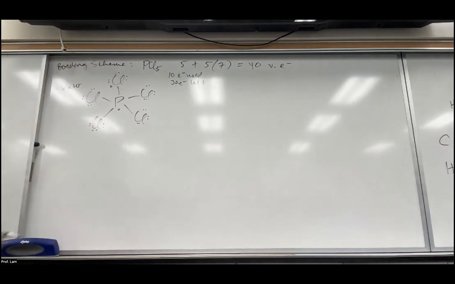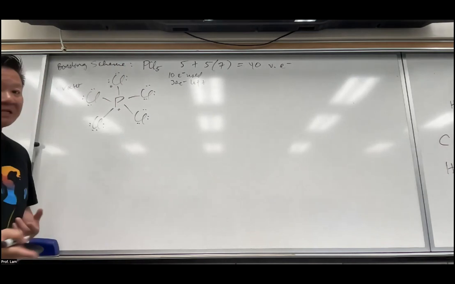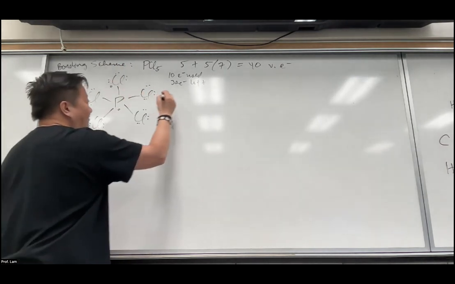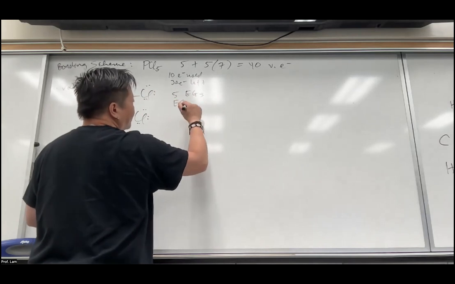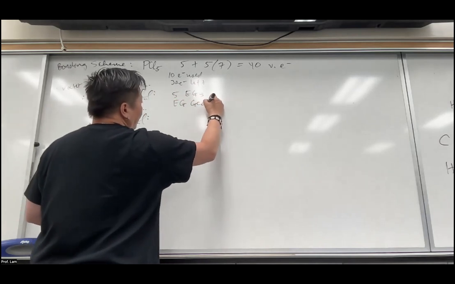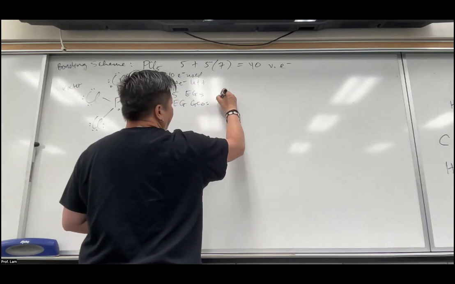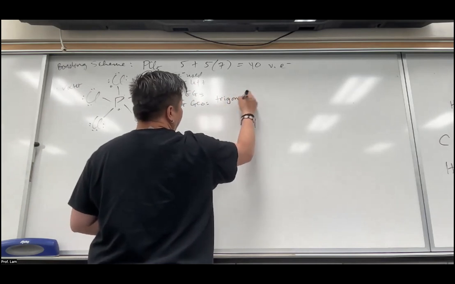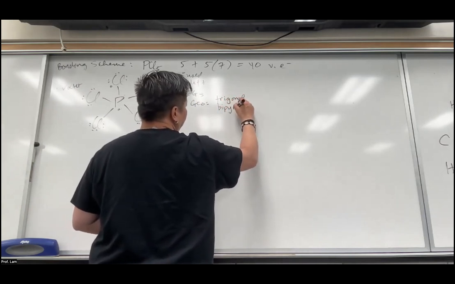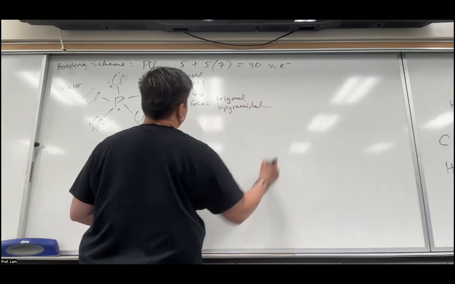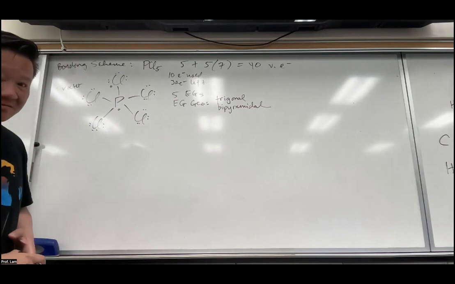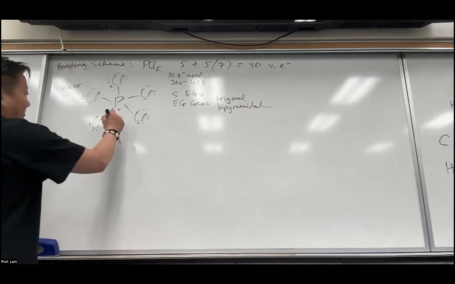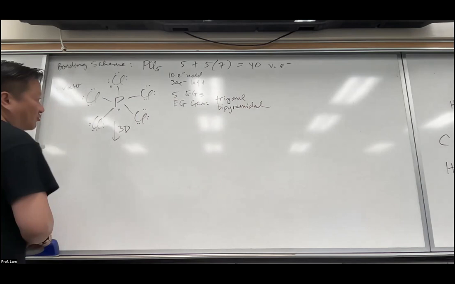That's our structure. Now count the electron groups, right? 1, 2, 3, 4, 5 around the central atom. And the electron group geometry for 5 is trigonal bipyramidal. Okay. So remember the template for that. Remember the template for trigonal bipyramidal? And we need to redraw it in 3D.